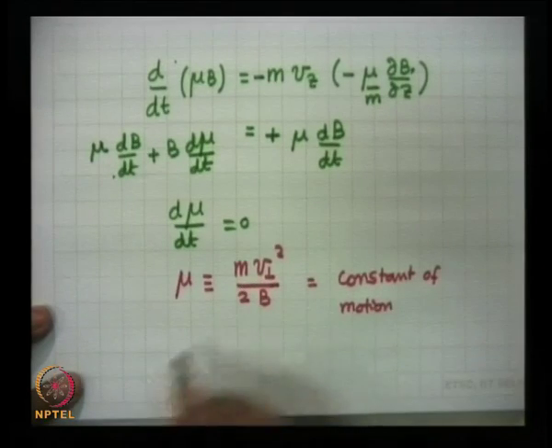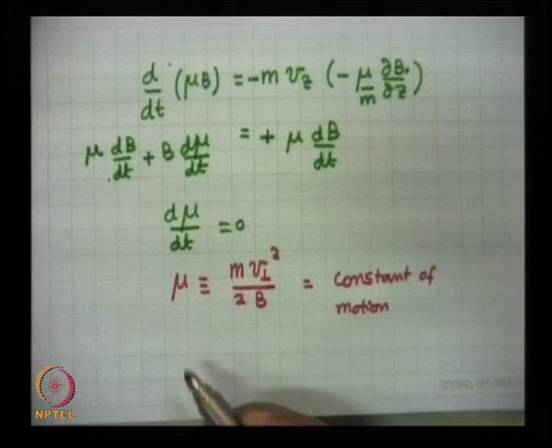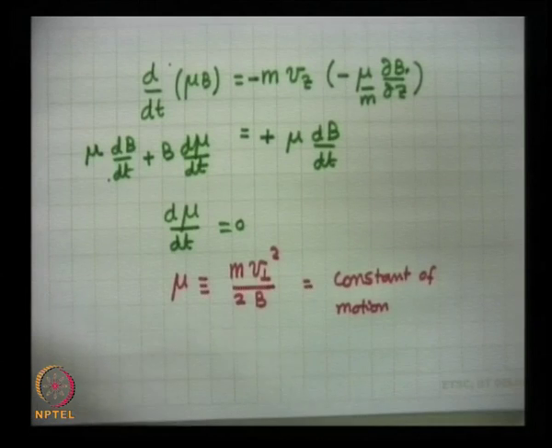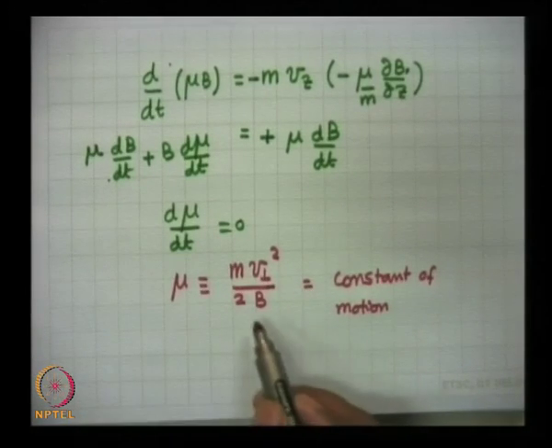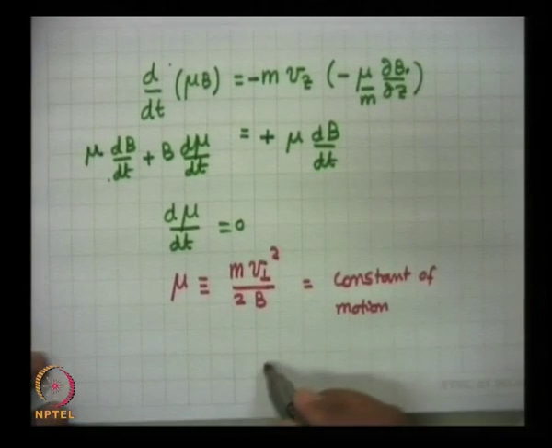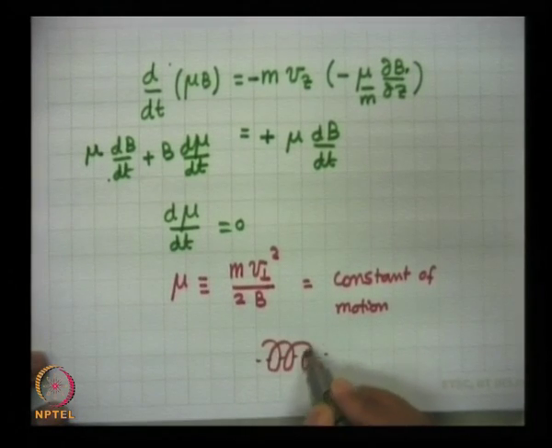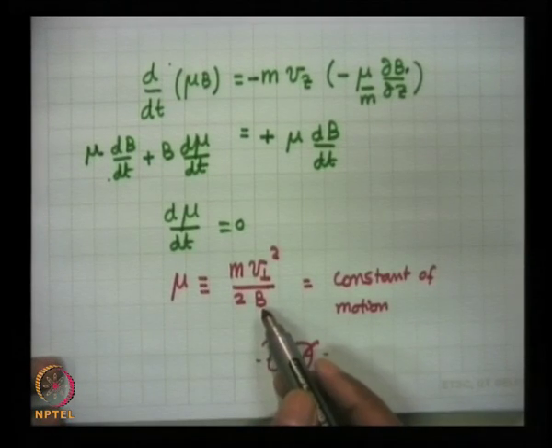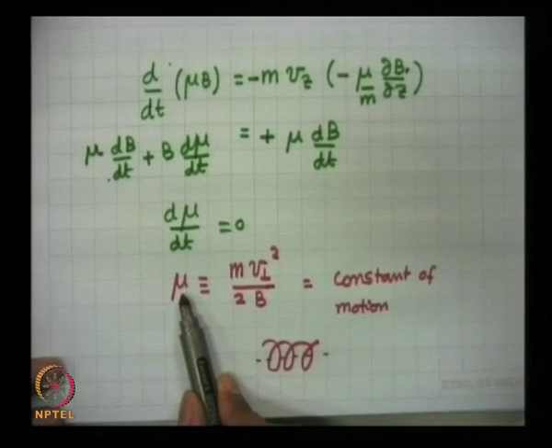It is a very important deduction that when an electron or ion moves in the machine from the center of the machine towards the throat or comes back, mu remains a constant. Now, please see its consequence. As the electron, which is gyrating about the field lines, goes towards the throat, it is going to higher and higher values of B. So, what physically happens is that when B increases, V perp must also increase to keep mu constant.